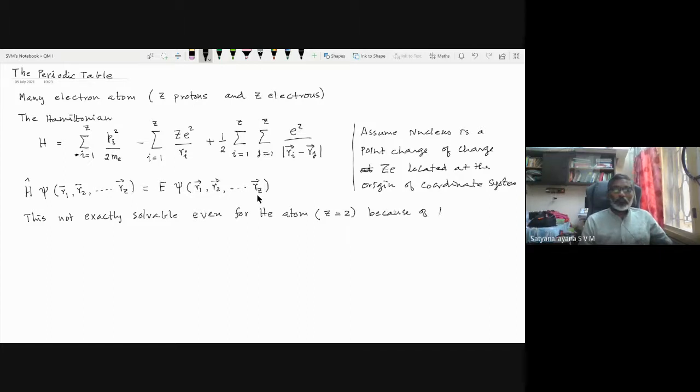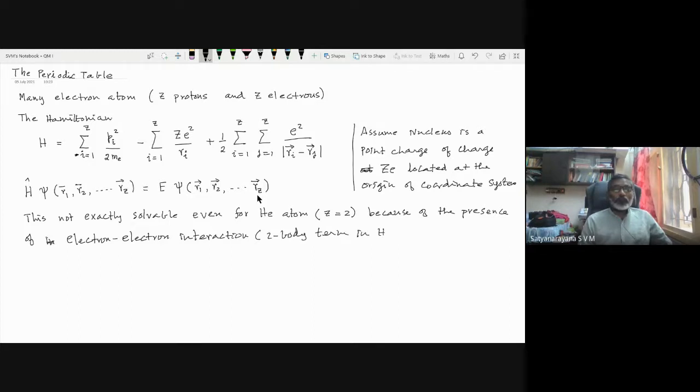of the presence of the interaction term, that is the electron-electron interaction, which is kind of a two-body term in the Hamiltonian.